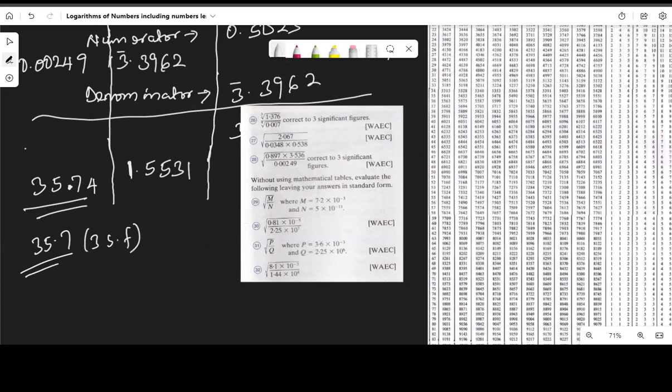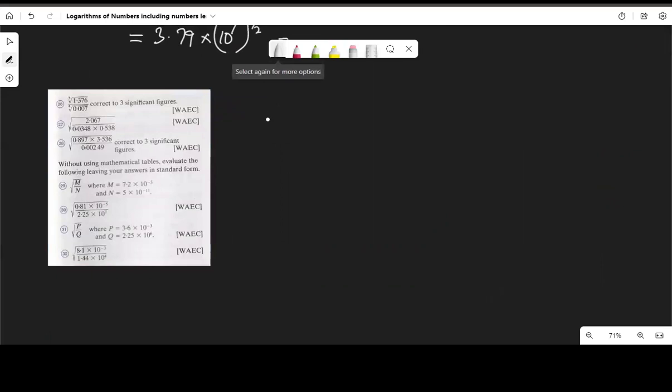Then question 29, it said without using mathematical tables, evaluate the following, leaving your answers in standard form. Square root of 0.81 multiplied by 10 to the power of negative 5 all over 2.25 multiplied by 10 to the power of 7.